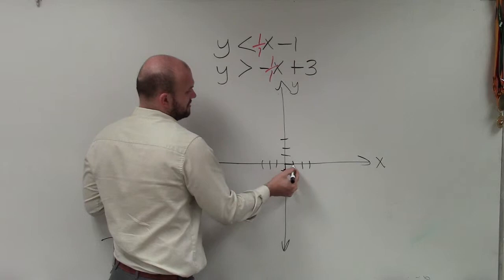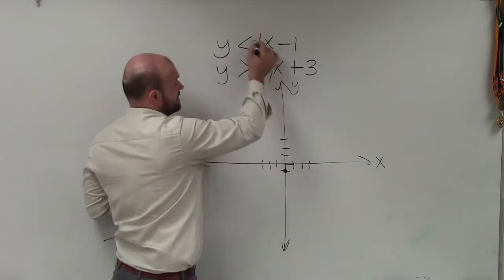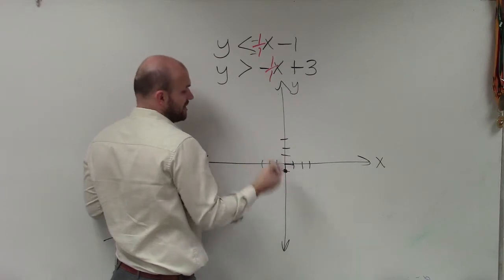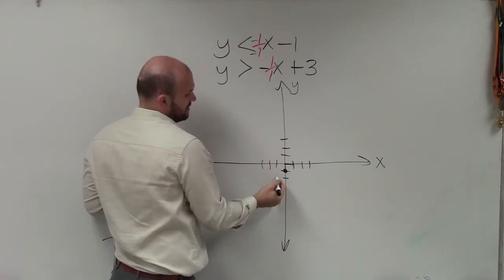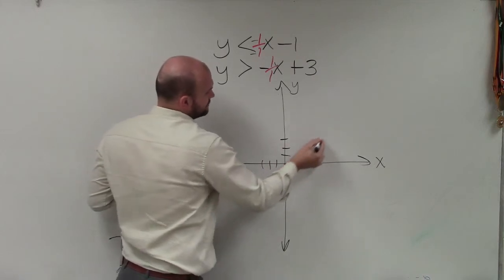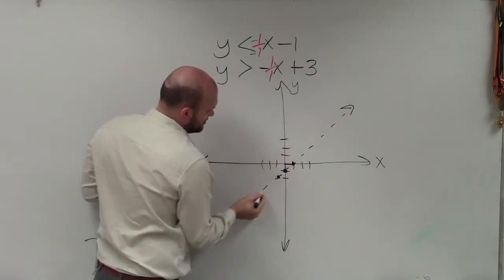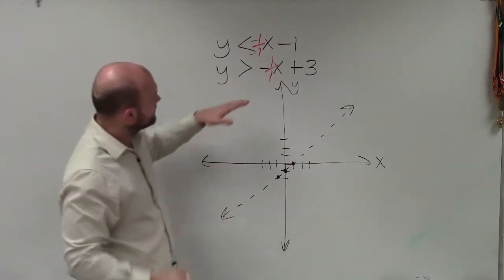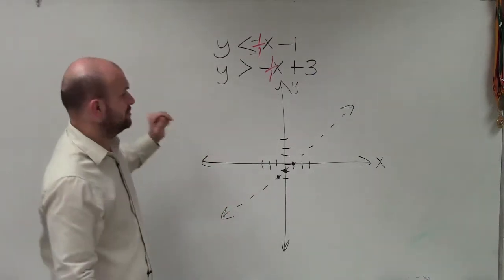So I go up 1, over 1. I could also say that's a -1 over -1, which would still produce a positive 1, so I could go down 1 to the left 1. Either way, they're going to be on the same line. And remember, it's going to be dashed because it's not a part of the solution. I'm going to do the shading at the end once I've graphed both equations.